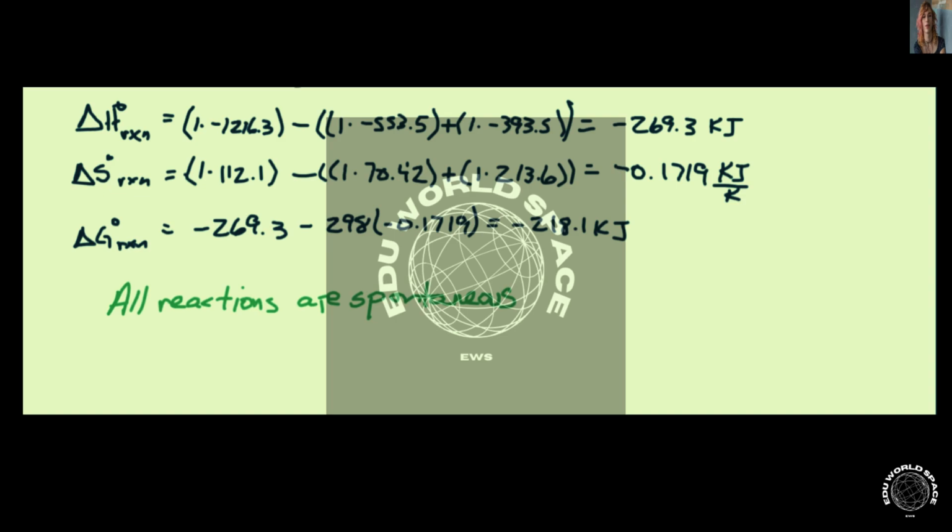And what would happen to the delta G if we wound up increasing the temperature of our system? What would happen to its value?